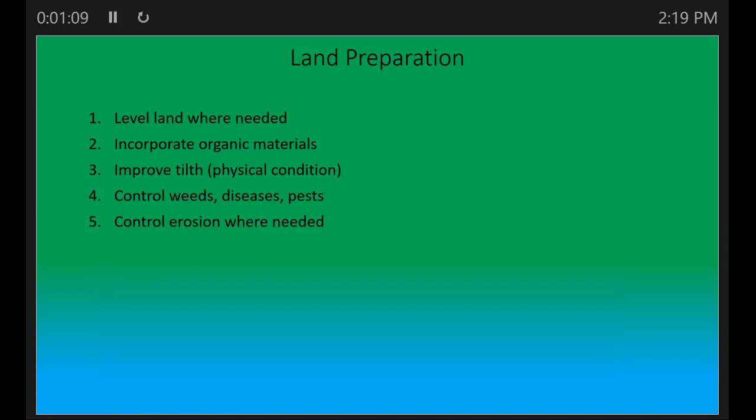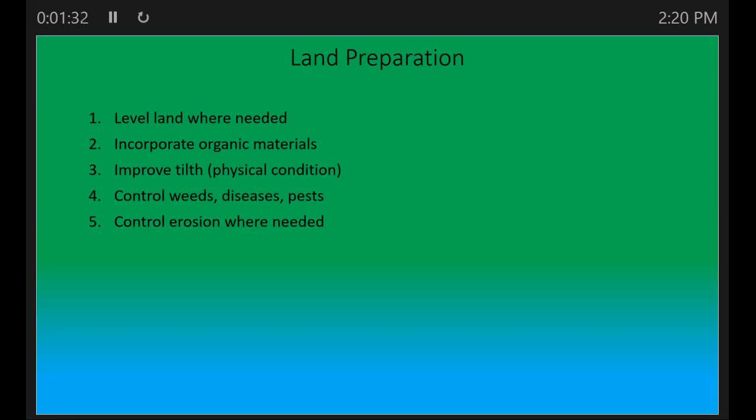So if you are buying a plot of land and you want to grow crops, how do you approach it? I think if you just think about it for a little while, you would probably come up with a lot of what's on this list. Ideally, you don't want a really hilly area to grow your crops because then you have runoff.